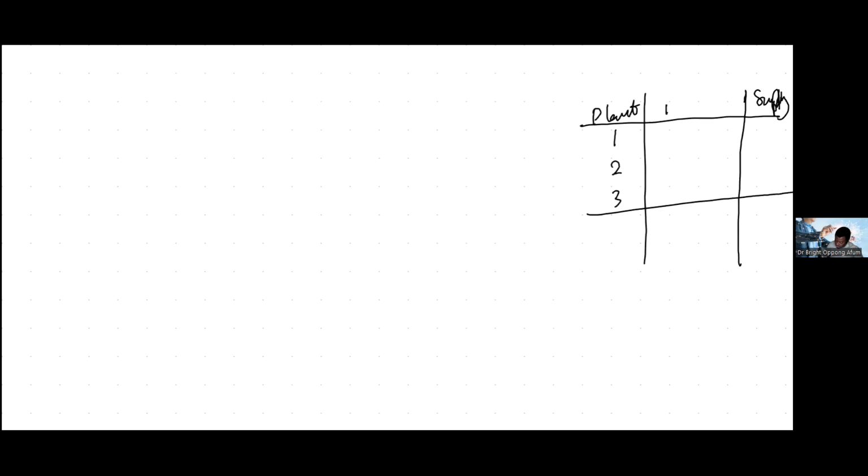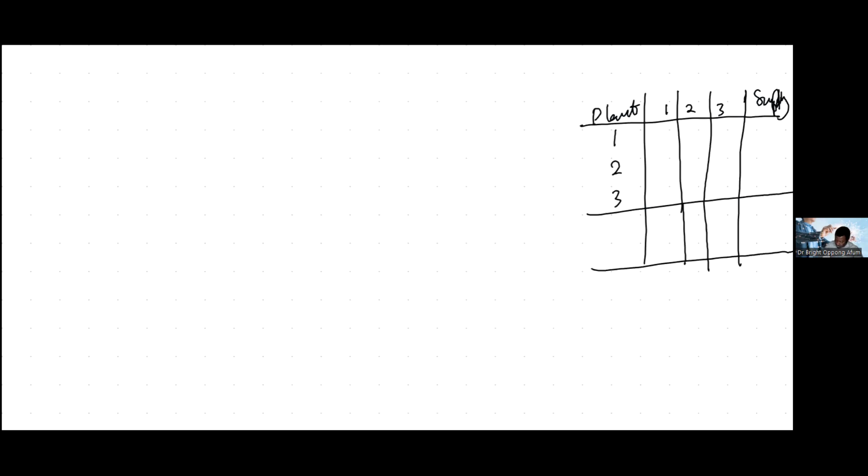All right. So from the problem, we have the cement mix. Let's say we have plants, and I just want to represent this for us to understand. Supply: plant 1, plant 2, plant 3, destination 1, destination 2, destination 3, or something like that.